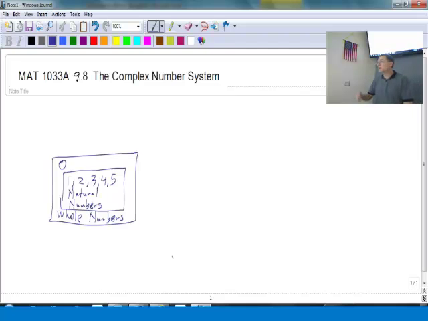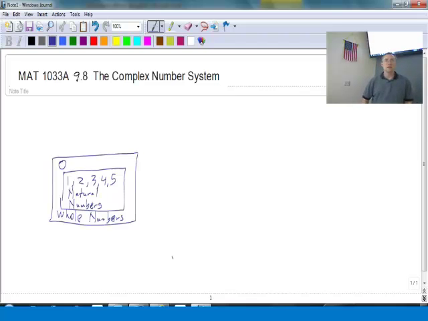So we can multiply, we can add all day long with reckless abandon, without fear that our answer will not be a whole number if the numbers we're adding, the numbers we're multiplying, are whole numbers. We say the set of whole numbers and the set of natural numbers are closed under the operation of addition, and they're closed under the operation of multiplication.